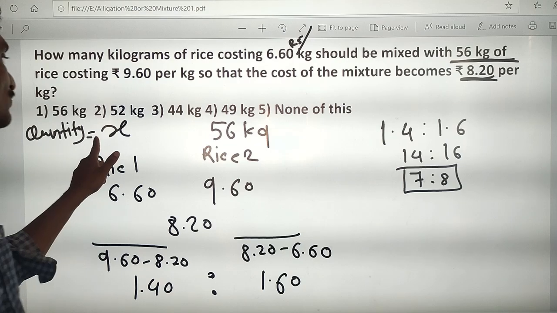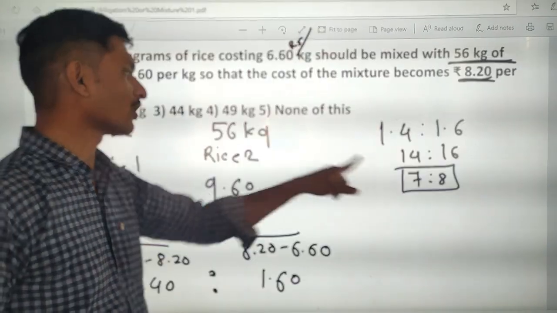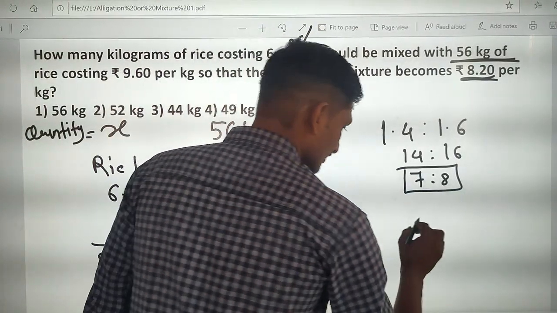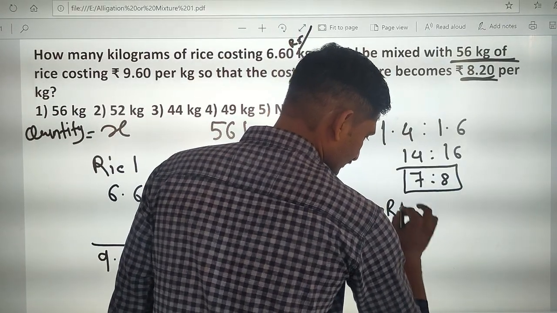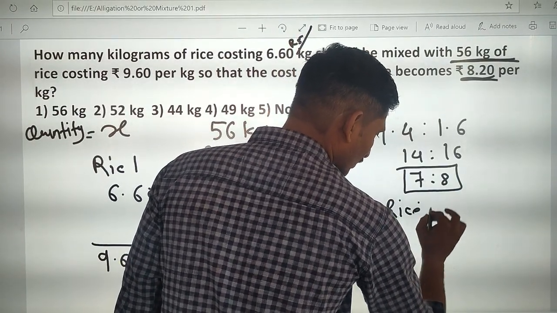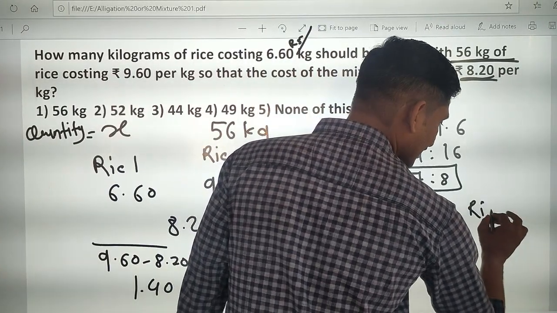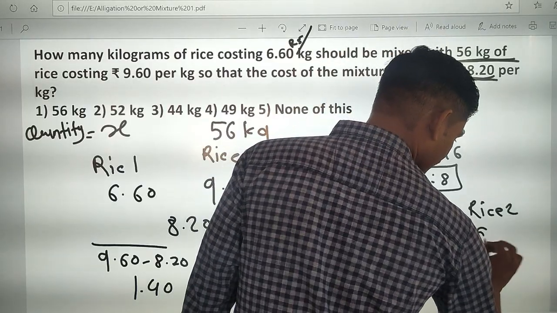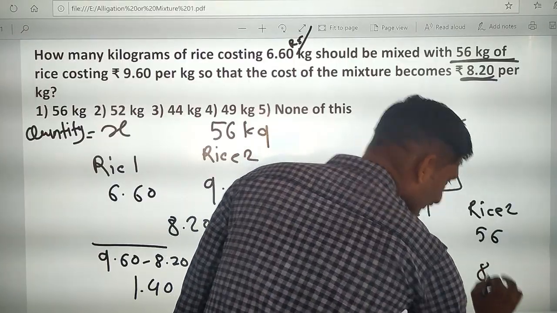Then the ratio of the quantity of rice 1 to rice 2 is 7 to 8. Here rice 1 quantity is x and rice 2 quantity is 56. Their ratio is 7 to 8.